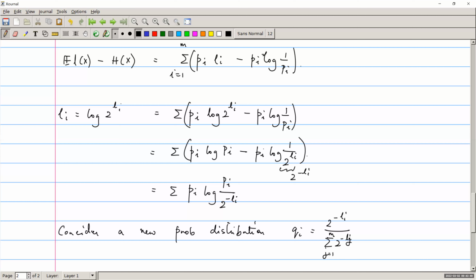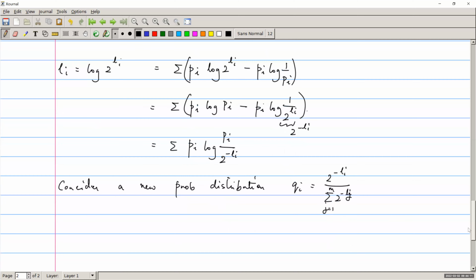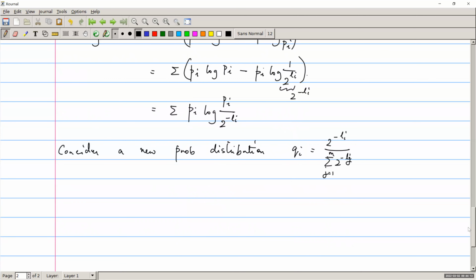They are clearly greater than 0, and they sum up to 1. Does that make sense? Now when you look at this new probability distribution, I'm going to write this.